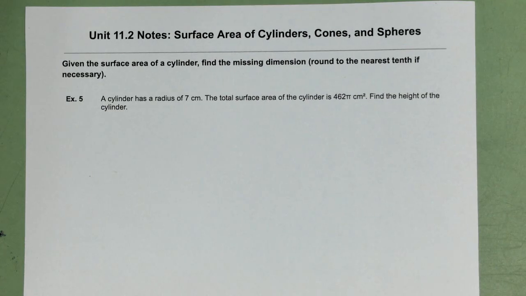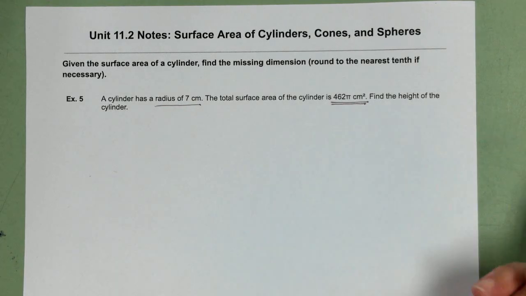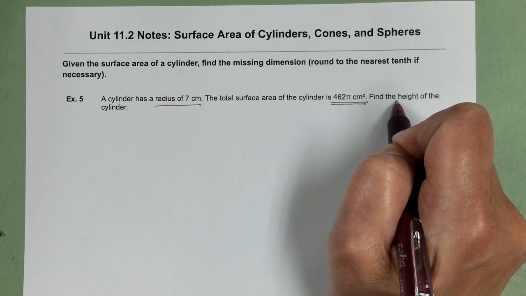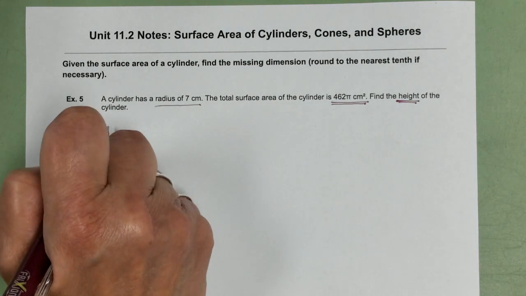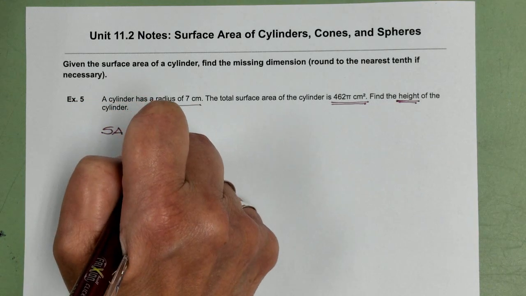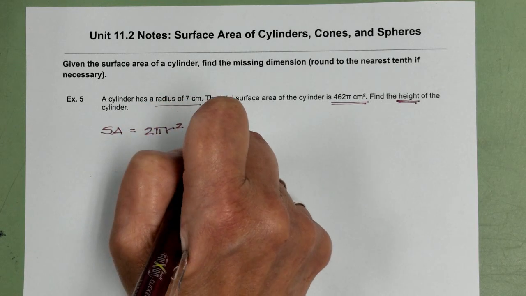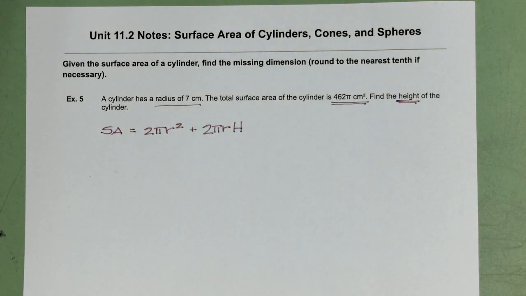Our last example, we're going to work backwards again. We are given the radius, we're given the total surface area, and we want to find the height of the cylinder. So again, we can start with the original formula and plug in what we know and solve for h.